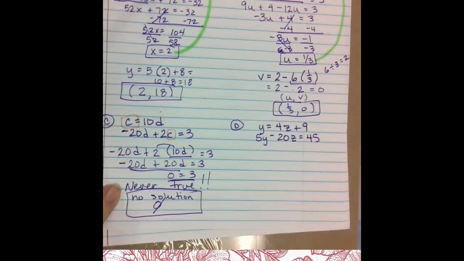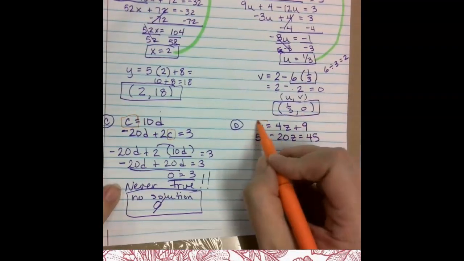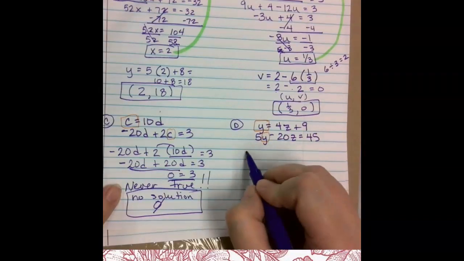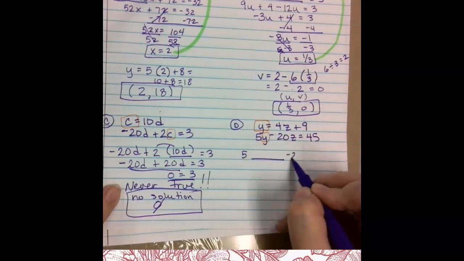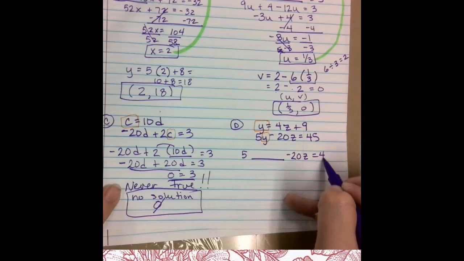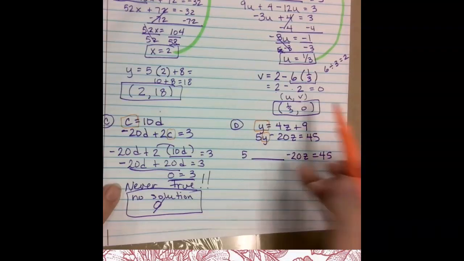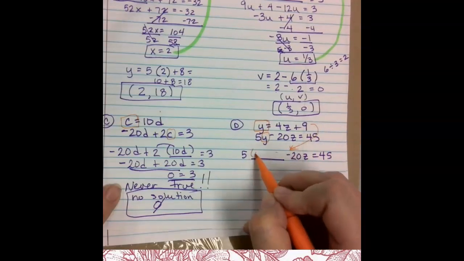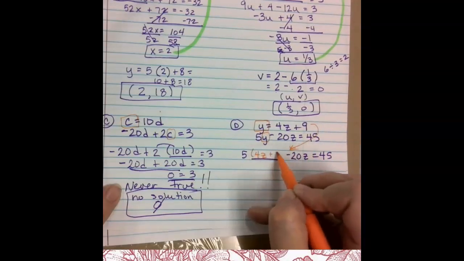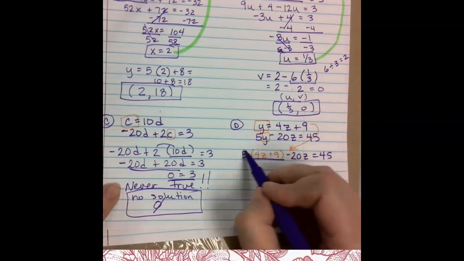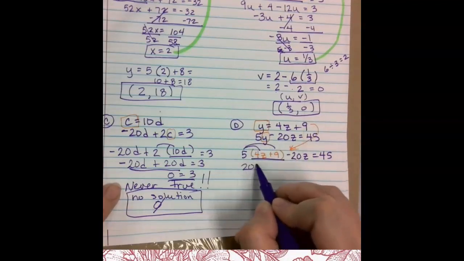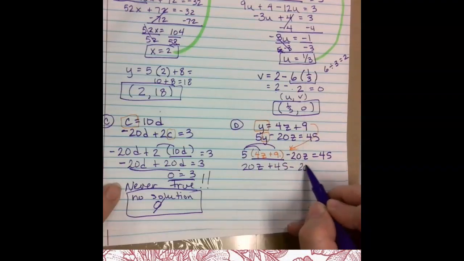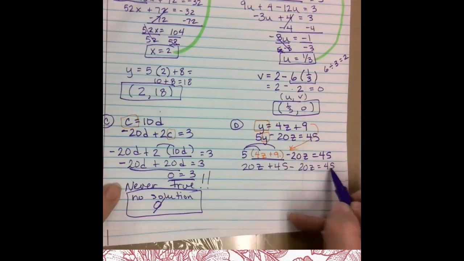All right, this one is already alone, so I'm going to plug this in where the y is. I'm going to write this over: 5, leave a space, minus 20z equals 45. Then I'm going to take this part, 4z plus 9, and plug it in here. I'm going to distribute: 20z plus 45 minus 20z equals 45.